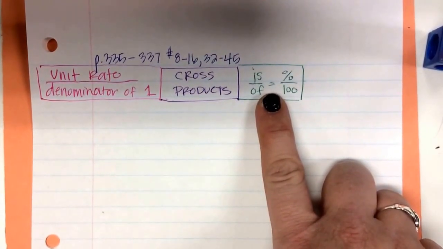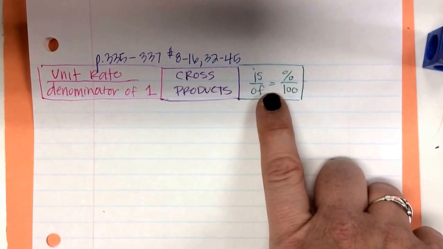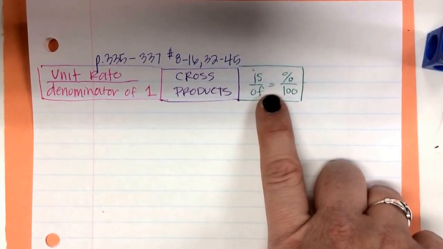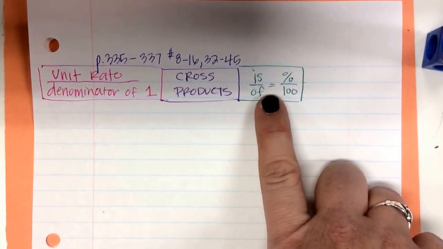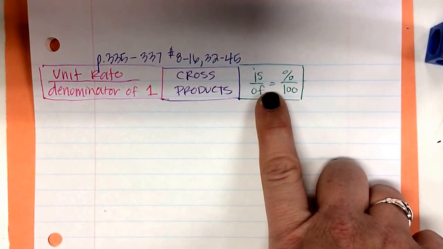What are you going to do if it's a discount? Are you going to add it together or subtract it out? Subtract. What if it's taxes? You're going to add. What if it's a tip? What if it's a markup? Add. What if it's a sale? Subtract.